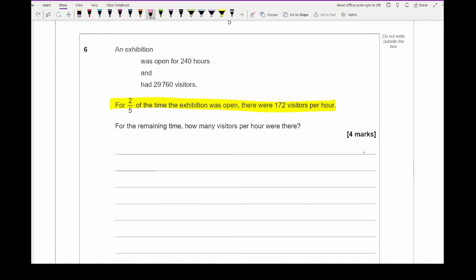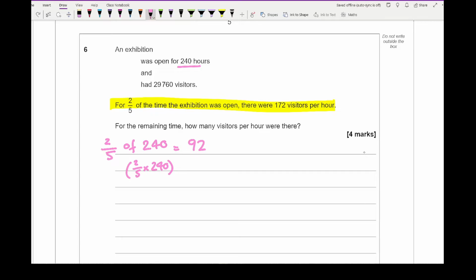So for that, if I then do 2/5 of the total time, which was 240 hours, on my calculator I'm just going to type in 2/5 multiplied by 240, and that comes up to an answer of 92.